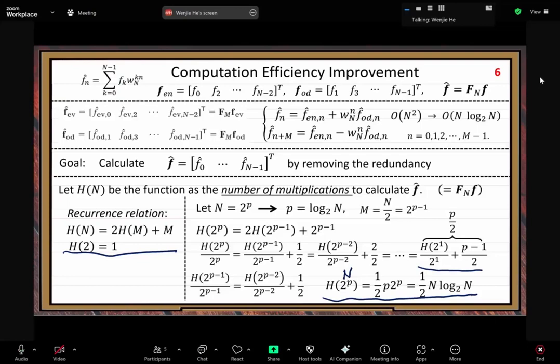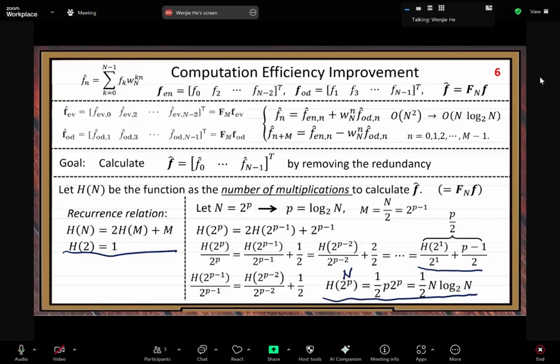N log N efficiency. We call it efficiency or complexity, or performance. The current terminology people use is efficiency. The old way people called it performance or complexity.